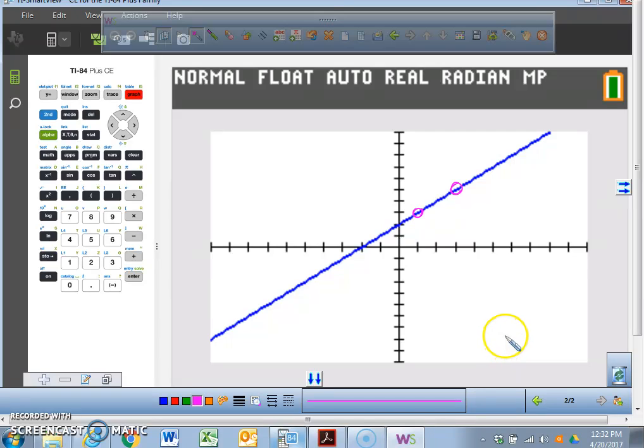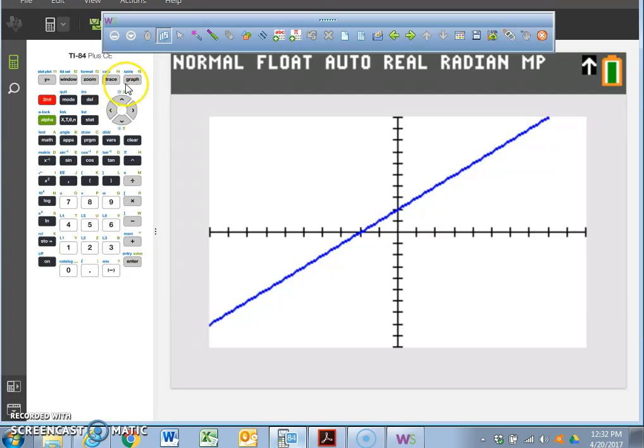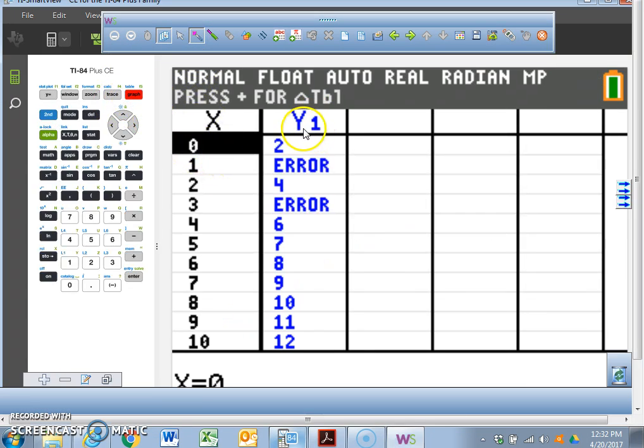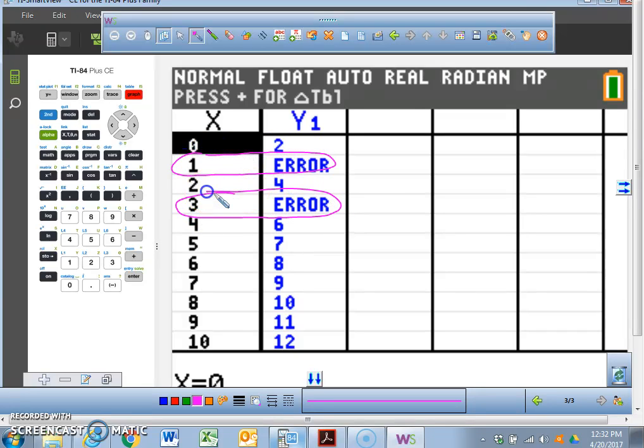Okay? So we actually have two holes. So if I were to ask you to graph this rational function, you would graph the line, but what would you put on your graph? You would put a hole where x is equal to 1 and where x is equal to 3. Now check your table. Does everybody see in their table? We have an error at 1 and we have an error at 3.